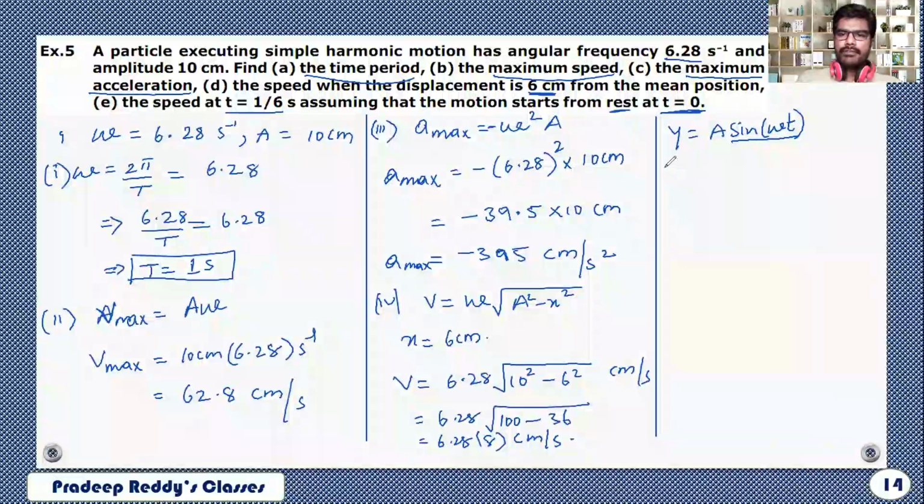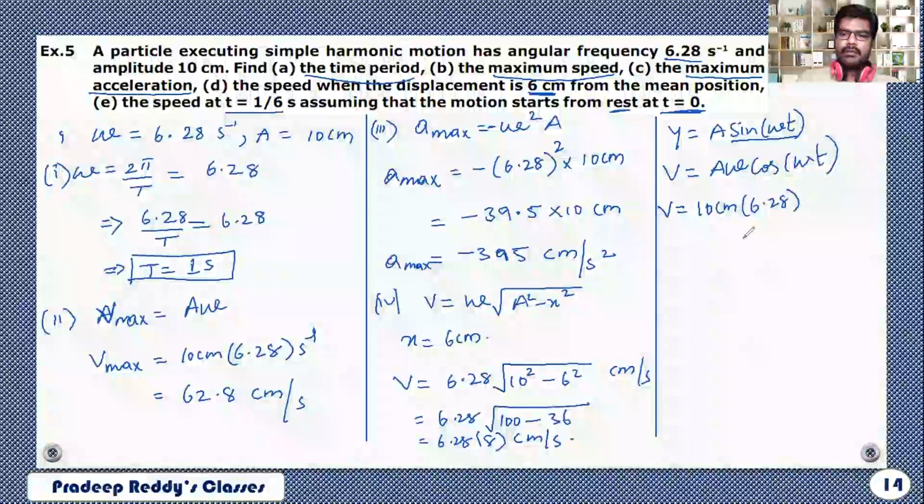Now from this you can calculate velocity v is equal to a omega into cos of omega into t. So velocity v can be written as 10 centimeter, omega is 6.28 second inverse, into cos of omega, 6.28, into time taken, 1 by 6 second.